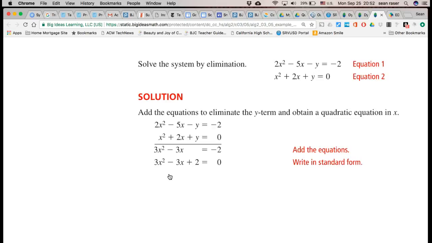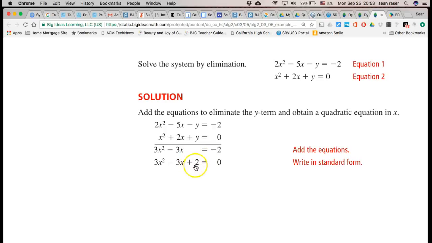Now, just like the previous examples, in order to find the solution, we have to solve this quadratic to get our x values. So we want to look at this and see what method might be the best. Right off the bat, we've got an a value here, so completing the square, although we could do it, may not be the most efficient.